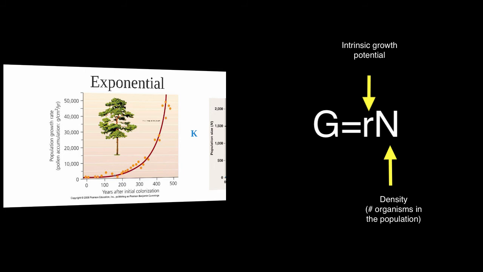And R is influenced by, for example, how many eggs a female lays, how quick the life cycle progresses, or how long it takes to complete the life cycle, and so on. Some extreme examples: humans have a really low intrinsic growth potential. It takes us a long time to reach sexual maturity.